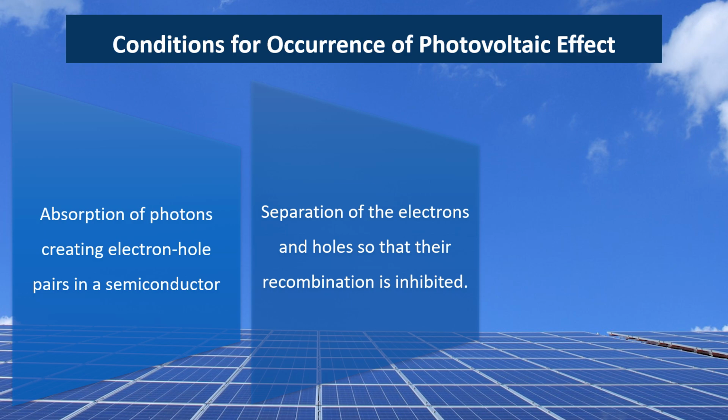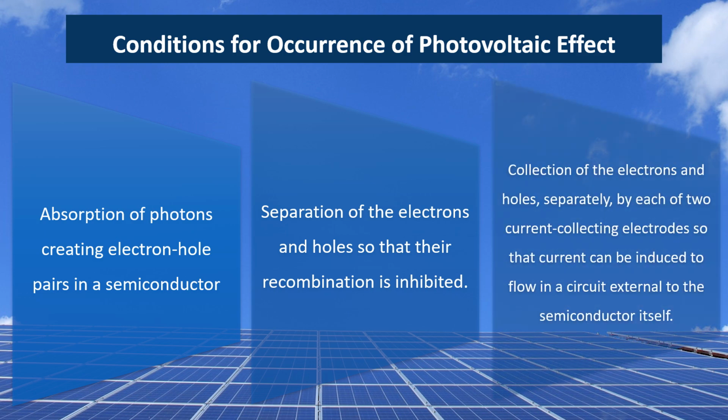The third condition is collection of the electrons and holes separately by each of two current collecting electrodes so that current can be induced to flow in a circuit external to the semiconductor itself. There are many ways to achieve this condition.